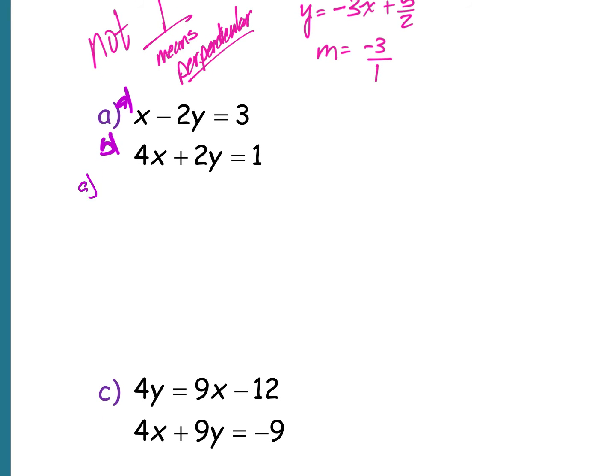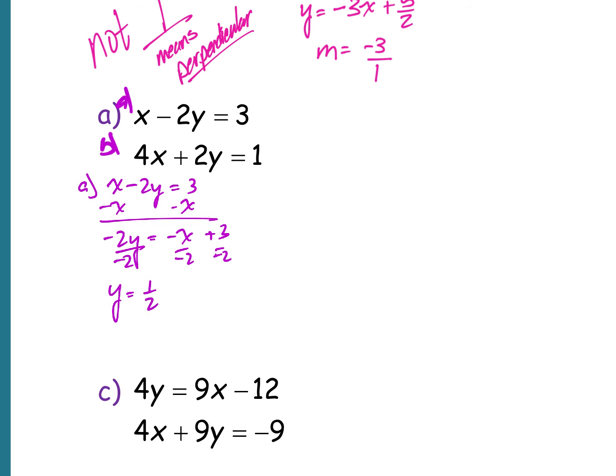So line A is x minus 2y equals 3. Subtract x. Negative 2y equals negative x plus 3. Y equals 1/2 x minus 3/2. Sorry, 1/2 x. So my slope is 1/2. And line B says 4x plus 2y equals 1.